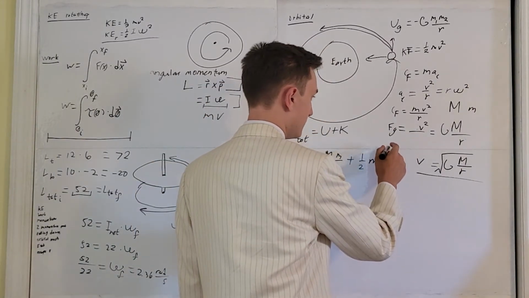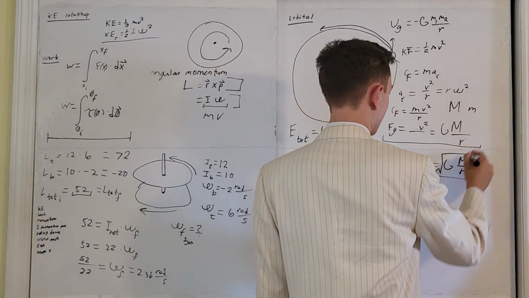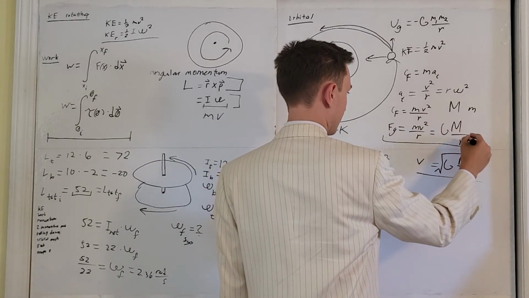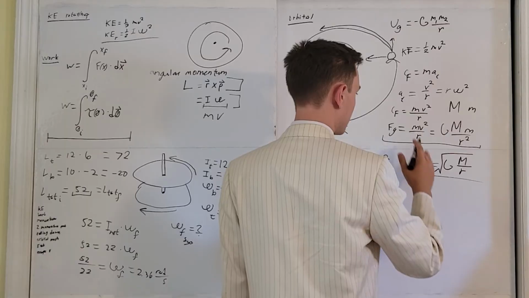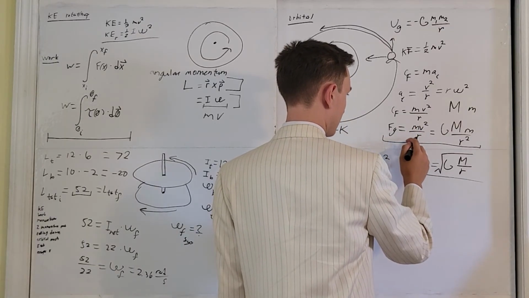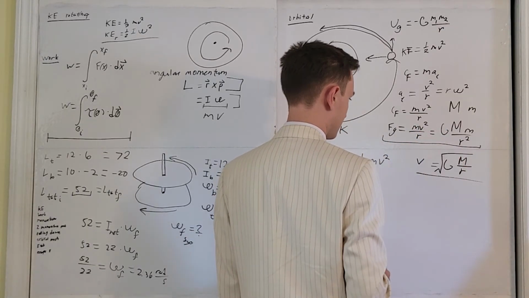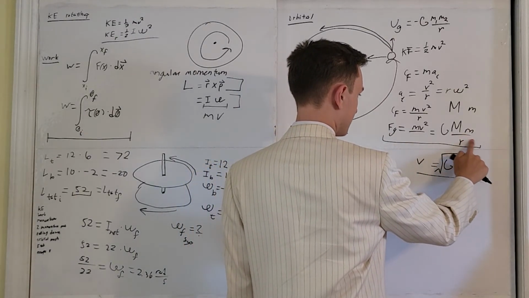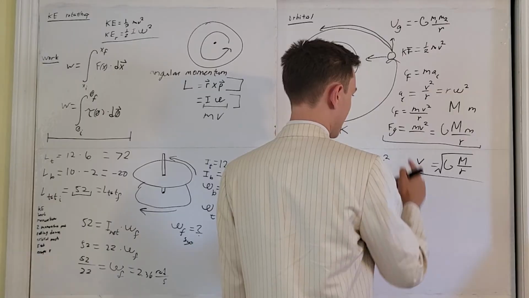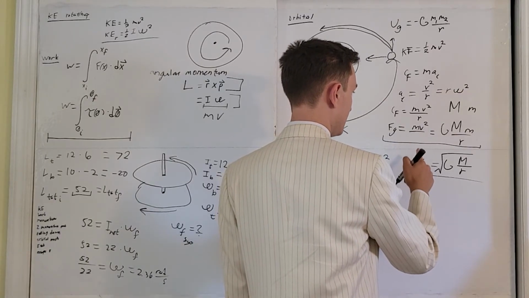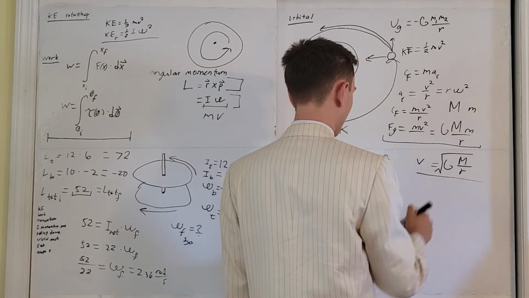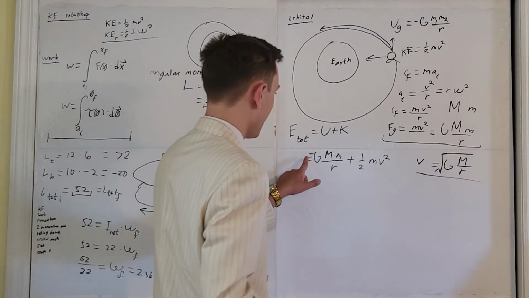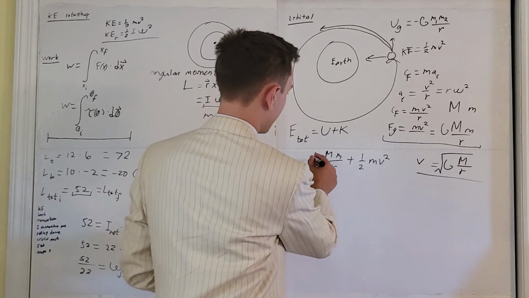Now, if we reconsider this derivation that we were doing right here, we can rewrite our variables to get back to our original setup, that the centripetal force is the gravitational force. If I, again, remove my r from both sides, I get that m v squared equals G M little m over r. I have the negative of that right here.